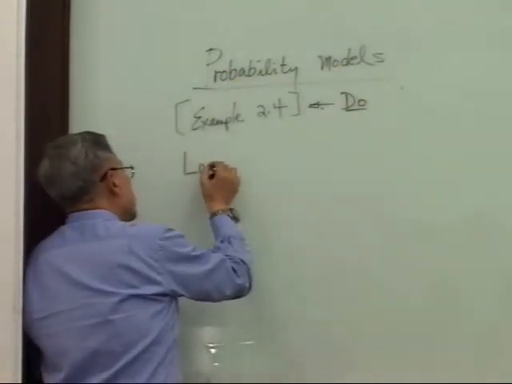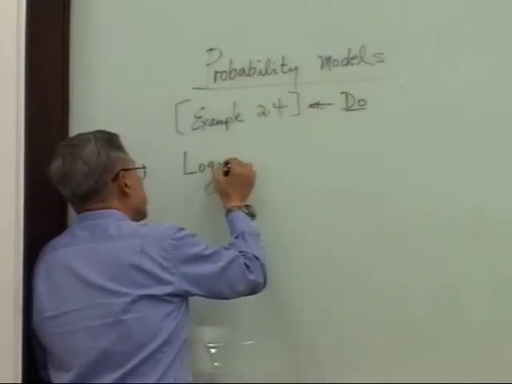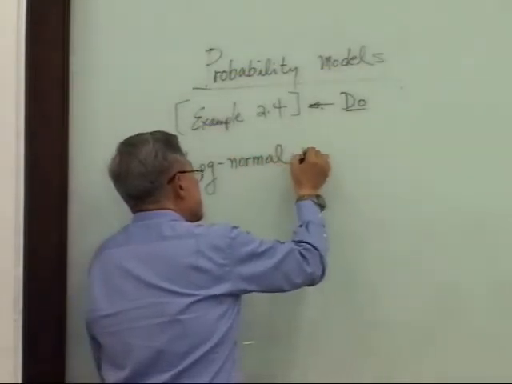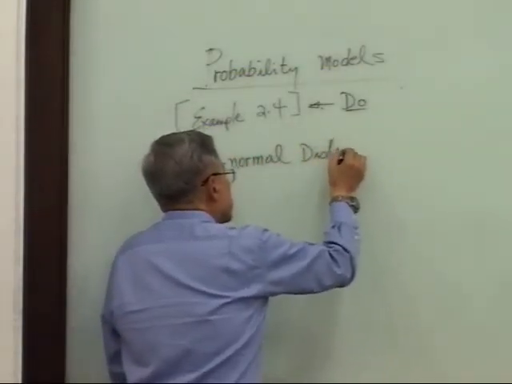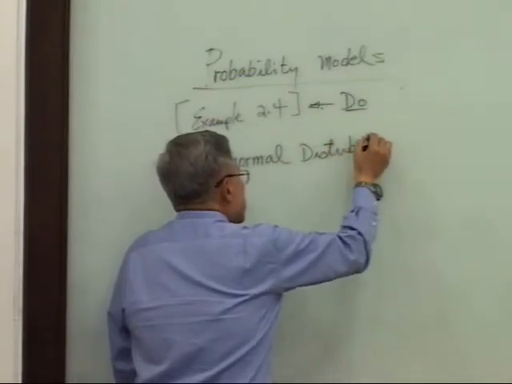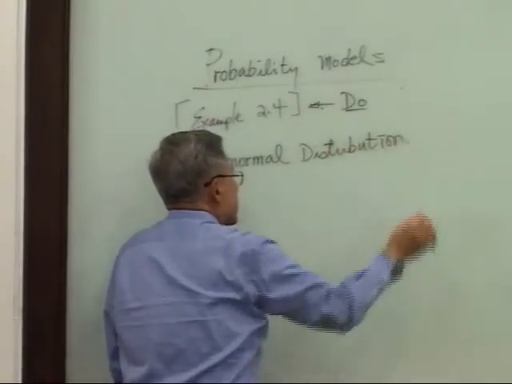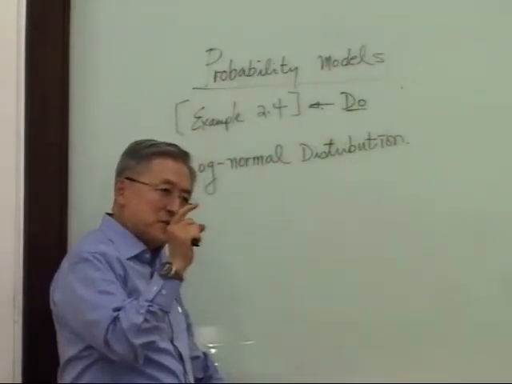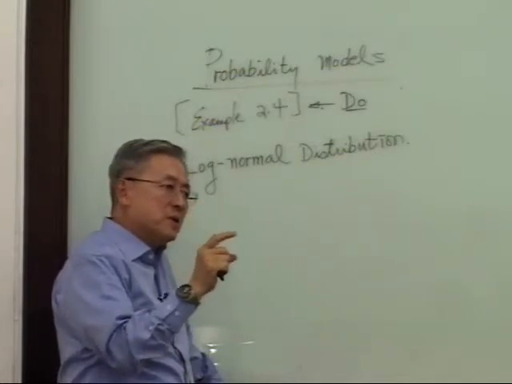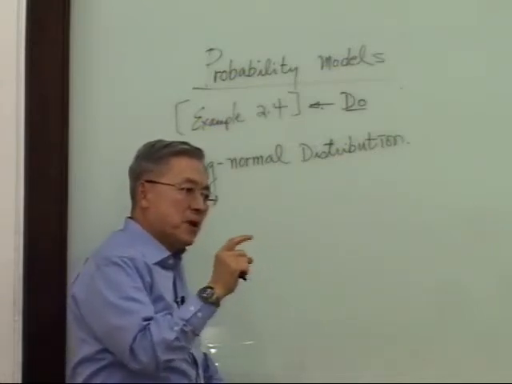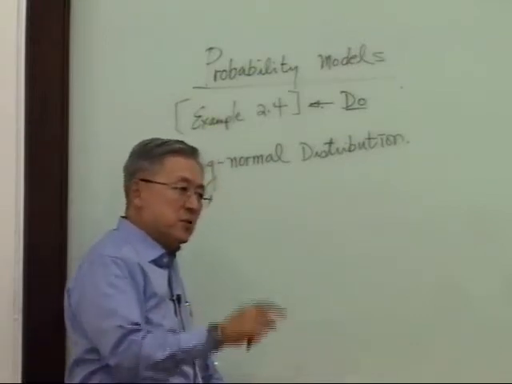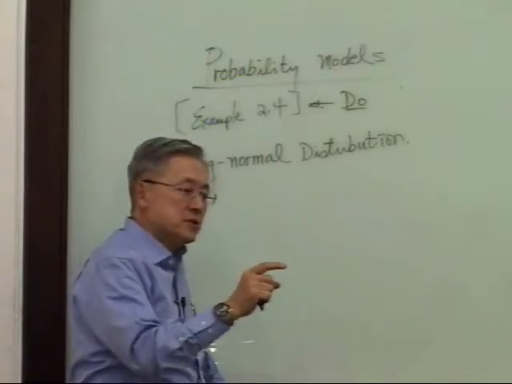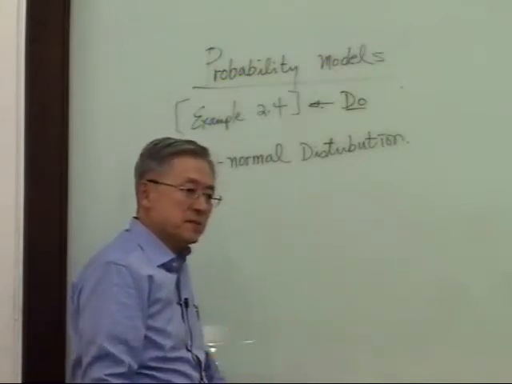The first distribution is the log normal distribution. Whenever I deal with the probability model, I mention the probability density function, the probability distribution function, or the cumulative distribution function.